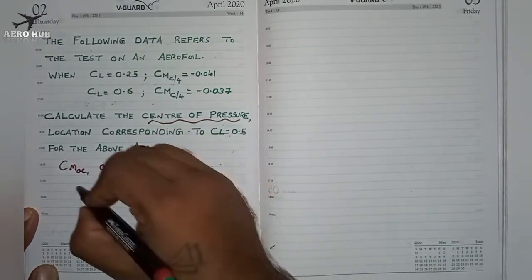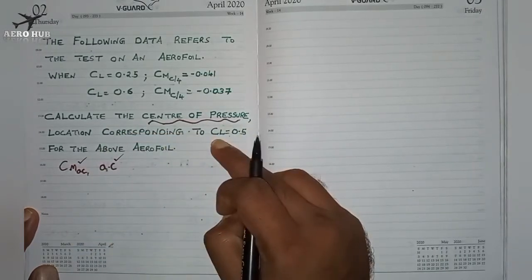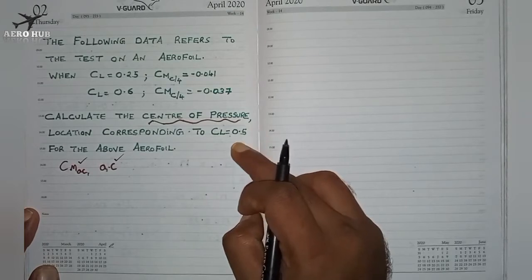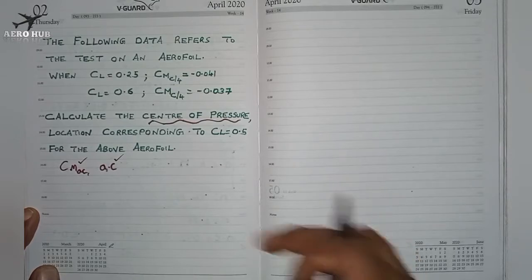These are the two factors I need to find the center of pressure at the given value of CL.